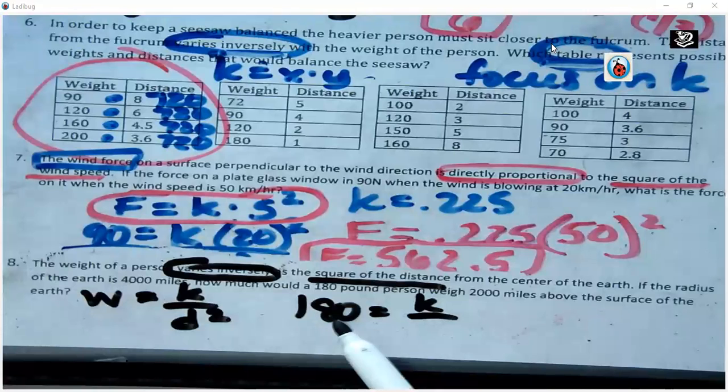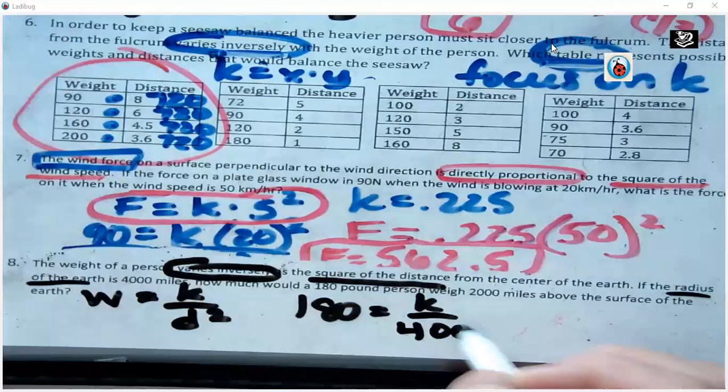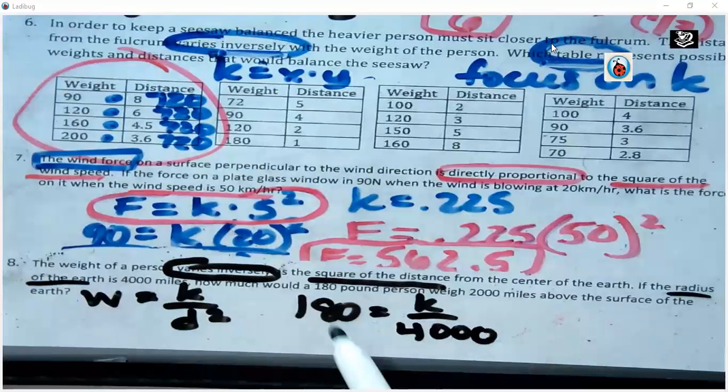When they weigh 180 pounds, how far are they from the center of the earth? 4,000 miles. Very good, because it says the radius of the earth. When you get on a scale, you're standing on the earth, so the radius of the earth tells you the distance when you weigh 180.